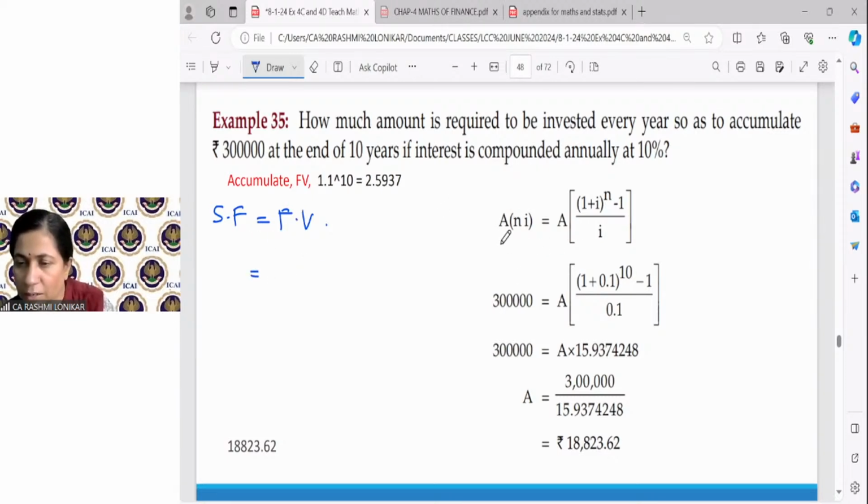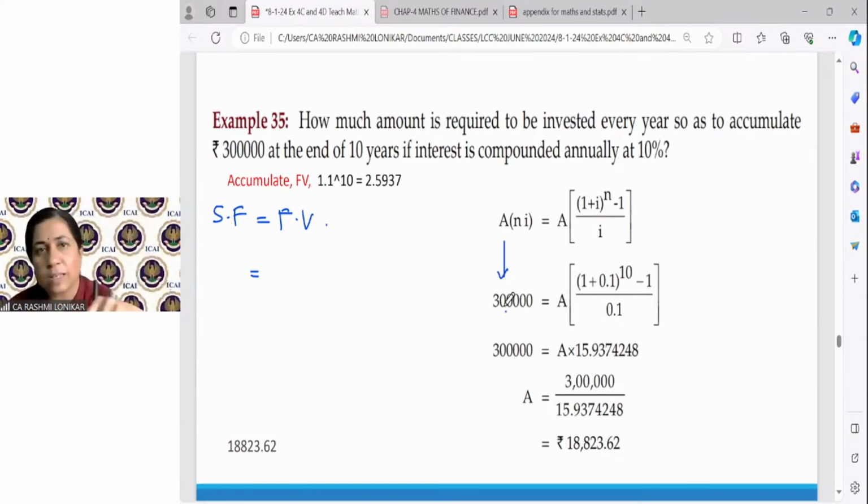So what is the future value? 3 lakh is the future value because after some time I need 3 lakhs. So 3 lakhs is the future value. I need to find how much amount I must deposit every year to get 3 lakh after how many years? 10 years. And what is the rate of interest? 10%. Okay. So when I solve this, I get the answer as 18,828.